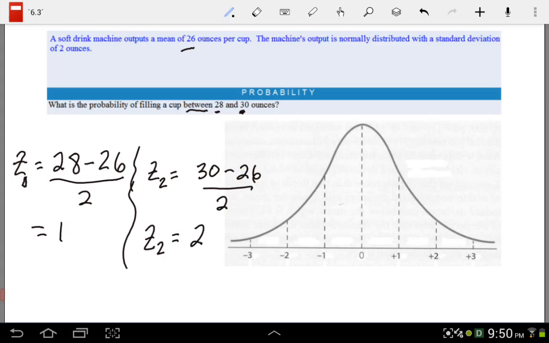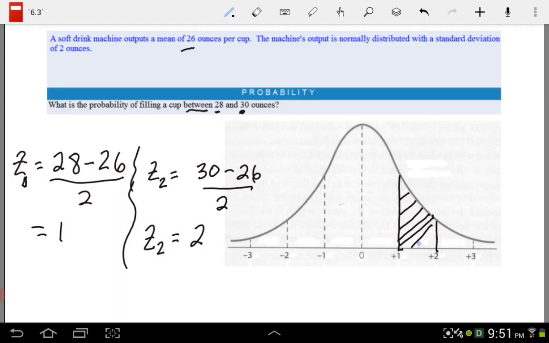So we're looking in between z-scores of 1 and 2. So the probability that we fill in between, which on the original curve would be 28 and 30, on the standard normal curve would be 1 and 2. So all we have to do again is find this area.